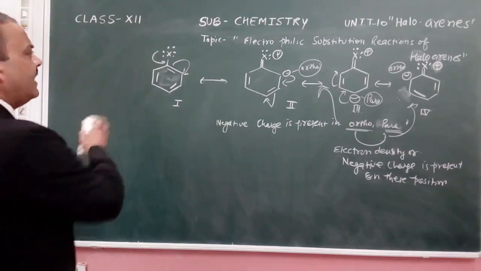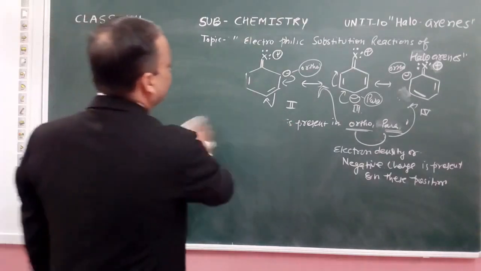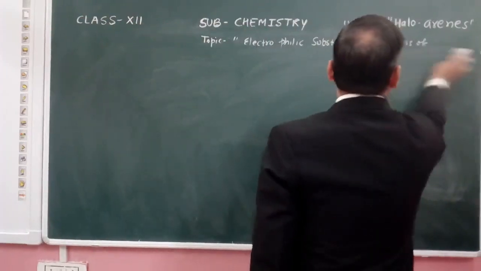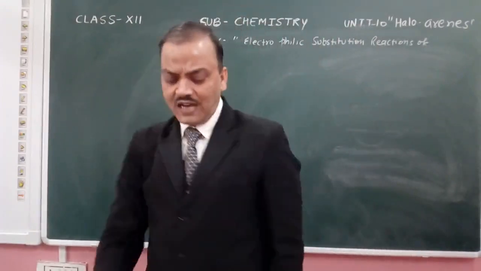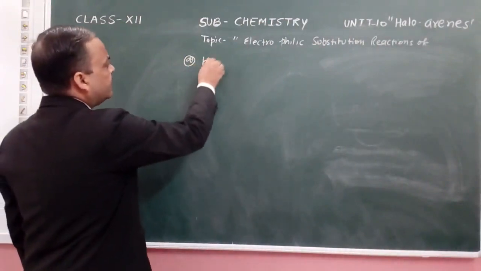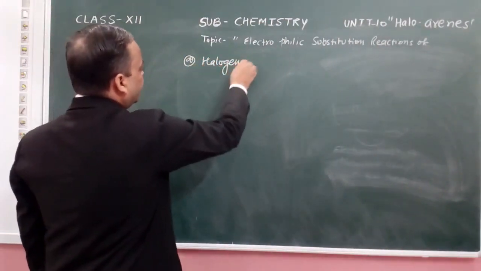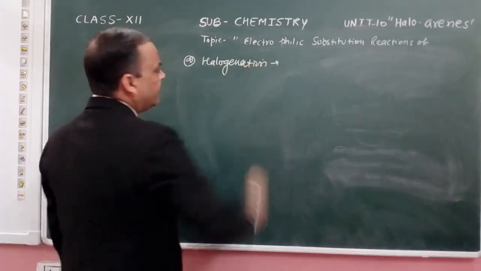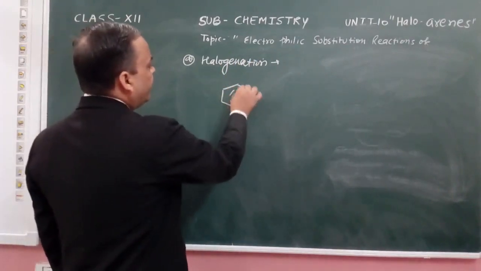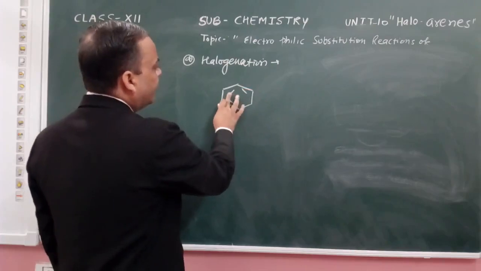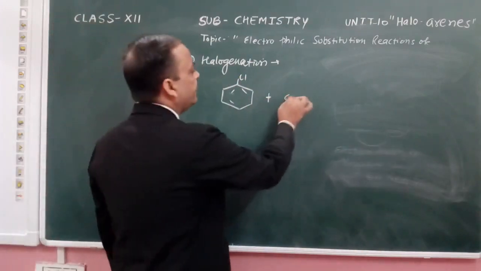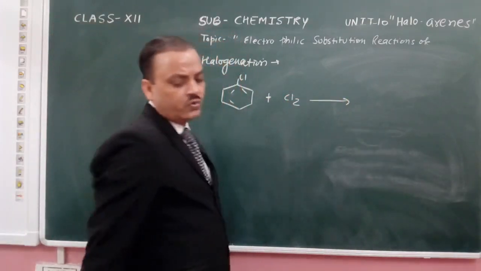Now we have different examples related to these reactions. We will discuss some examples related to this concept in this class. So first of all we have halogenation. In this halogenation process, we have chlorobenzene, and we react this with Cl2.